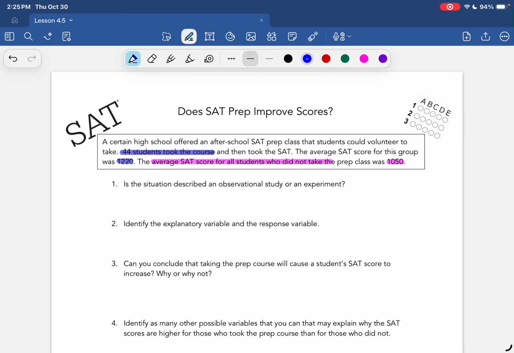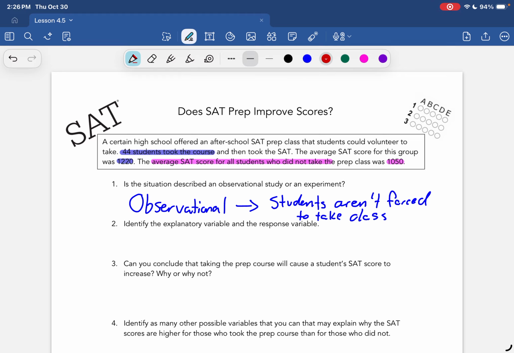So let's talk through this. What would this be? What is this situation? This situation is an observational study. But why? We could look at using the stats words, but if we're just talking about the context here, the big thing, students aren't being forced. They're not being forced to take the class.